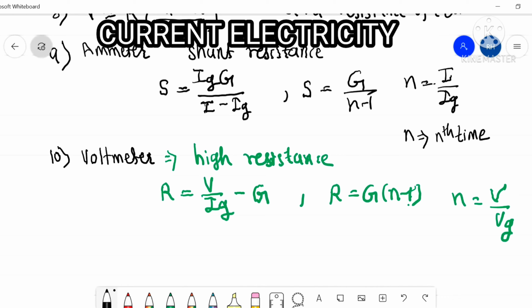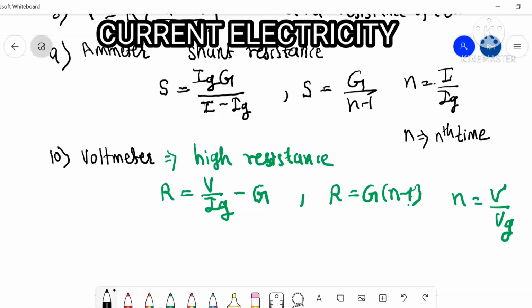Again, similar to the previous one, if the nth time ratio is given, the potential difference V across the voltmeter to the potential across the galvanometer, nth value is given, then n is equal to V upon Vg, that ratio is directly given.